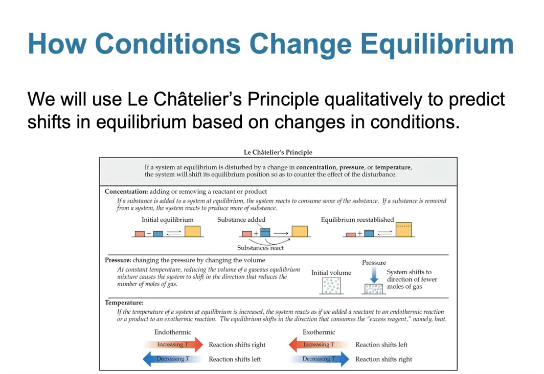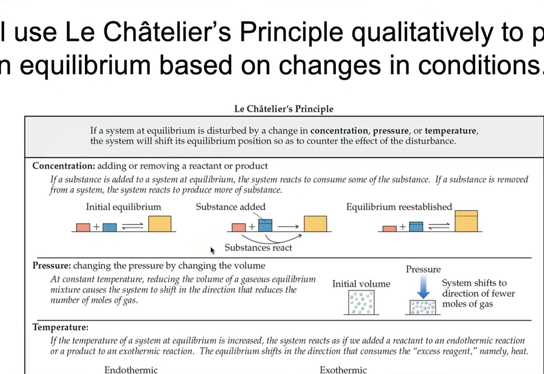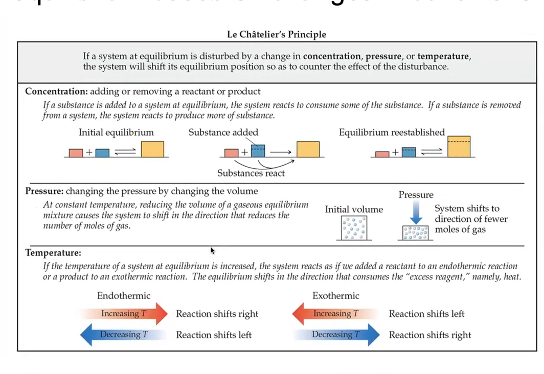So, we're going to go through these different examples. Let me see if I can make this a little bigger. Okay, here we go. So concentration, adding or removing a reactant or product. If a substance is added to a system at equilibrium, the system reacts to consume some of the substance. So in this case, you have the initial concentration, right?